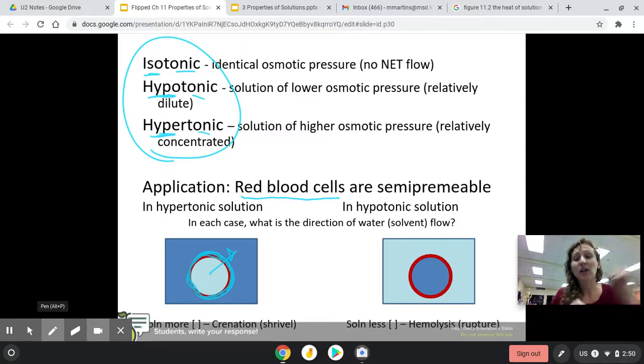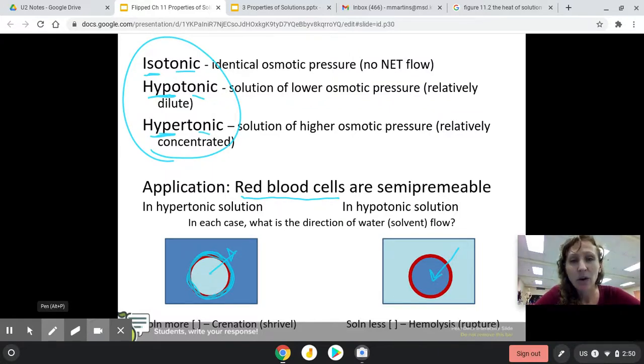The opposite will also happen if we take a red blood cell and we put it in a solution that is at a really low concentration. Water will flow in from low to high. It'll flow into the cell, and the cell can stretch and stretch and stretch to some extent. But if it keeps stretching, it will eventually break or rupture.